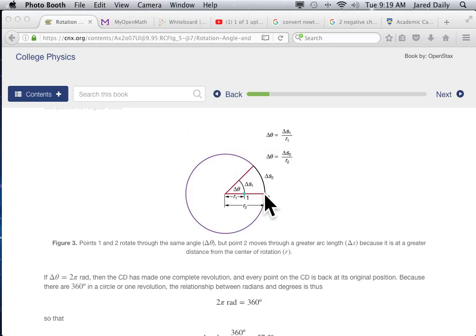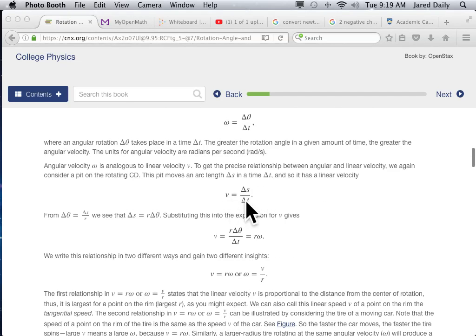That distance divided by a time gives me a speed. We still call it v, even though it's a speed, not a velocity. We just don't give it a vector symbol, so it's not a vector. That speed is delta s over delta t, the change in arc length over change in time.